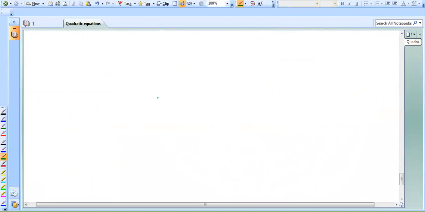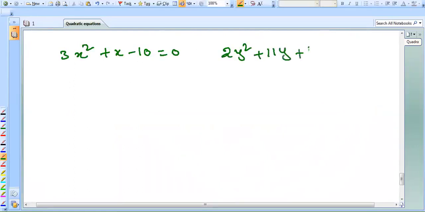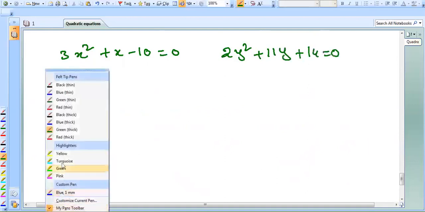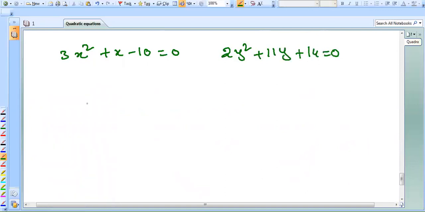For example, you are having 3x square plus x minus 10 is equals to 0. And 2y square plus 11y plus 14 is equals to 0. Observe these things. So here you have to multiply 3 and 10. How much value? 30.